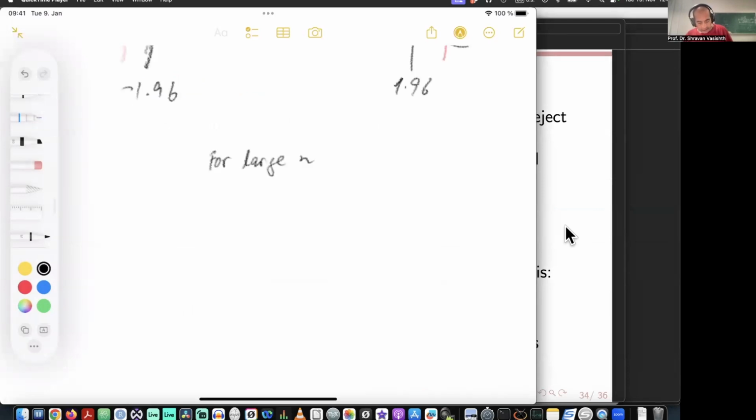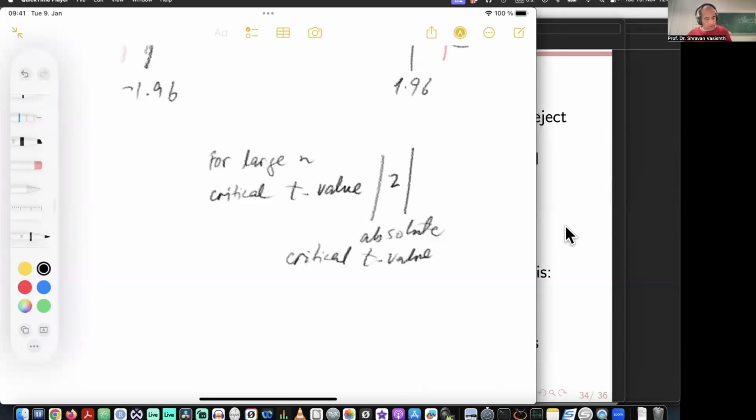For large n, I'm going to just assume that my critical t-value is 2. I'm going to say plus minus 2 because this is the absolute t-value, or rather more accurately, absolute critical t-value. So for large n, I will just assume an absolute critical t-value of 2.